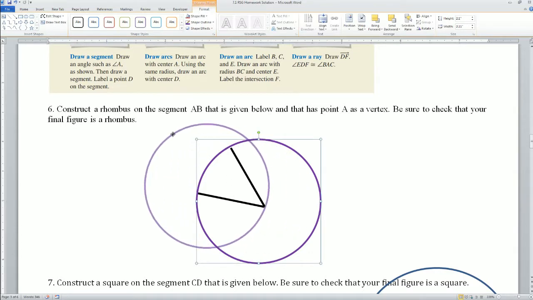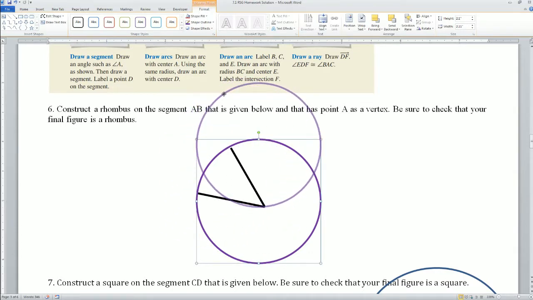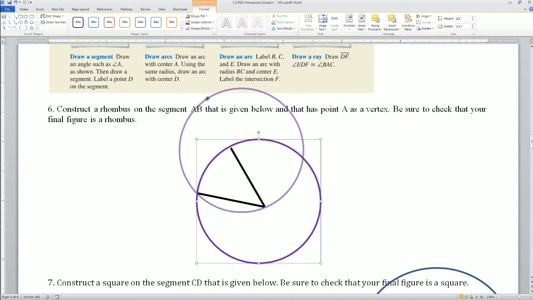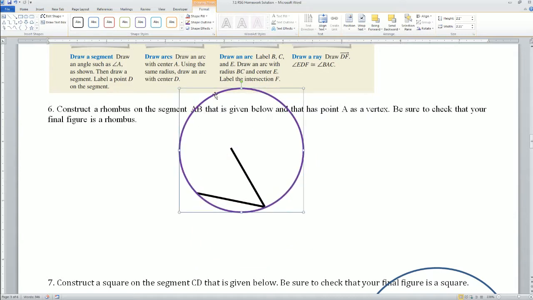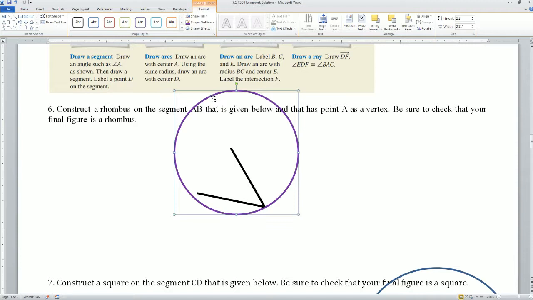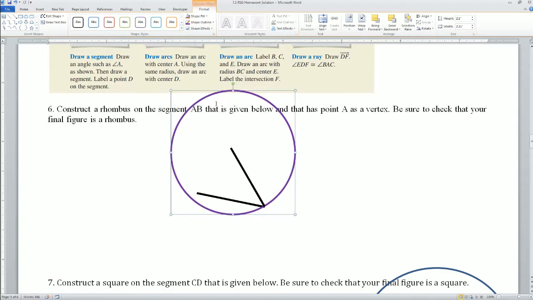Good? I'm going to extend this a little bit further right here so that it is the center. Trying to get the center of the circle right there. Perfect. Then I can just draw another line segment.